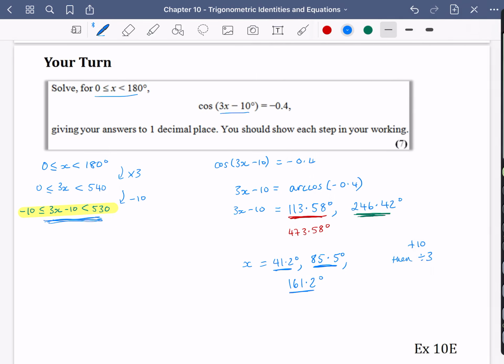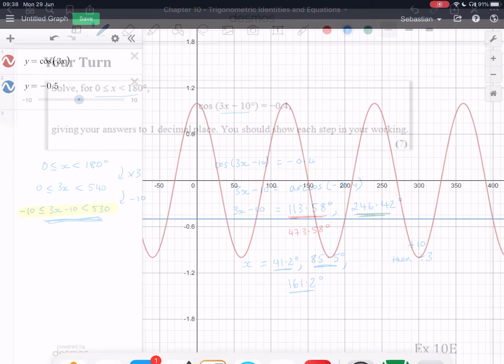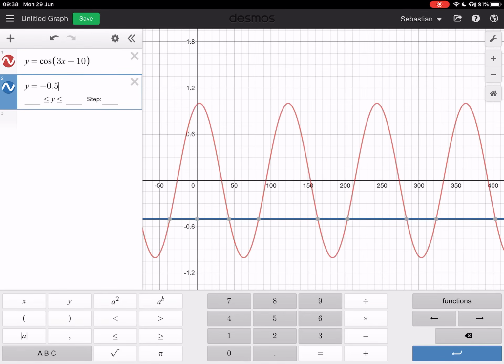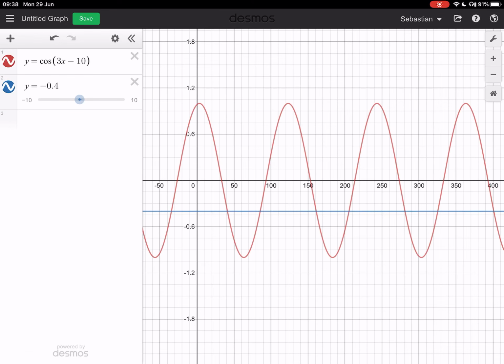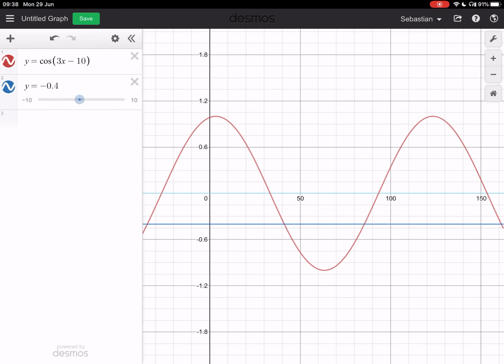Now, before I check the mark scheme, I'm going to check it on Desmos rather than using my calculator, because not all of you have the graphics calculator. So I've got the cos of 3x minus 10, and I want to know when it is equal to minus 0.4, and I think the range was between 0 and 180.